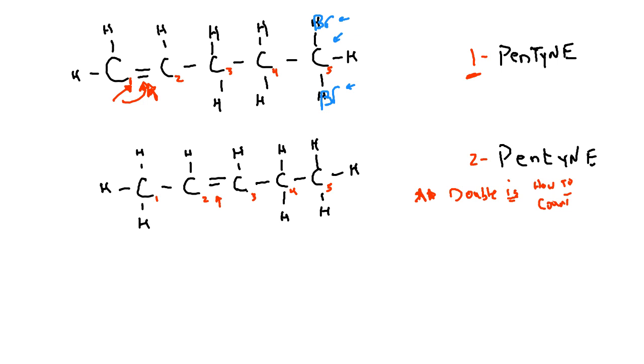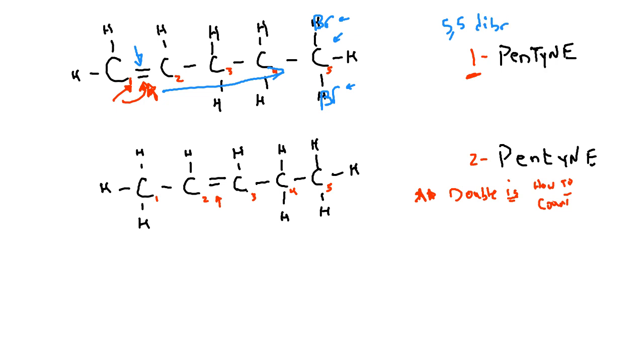But what I just told you was wherever the double or triple bond is, that determines how you count. Once the bond is there and you find the lowest carbon, then that means we must count this way. So this is not a 1,1-dibromo-1-pentyne. This is a 5,5-dibromo.